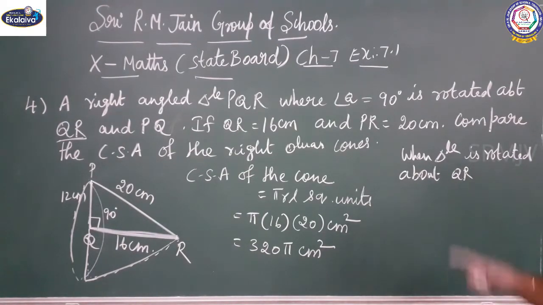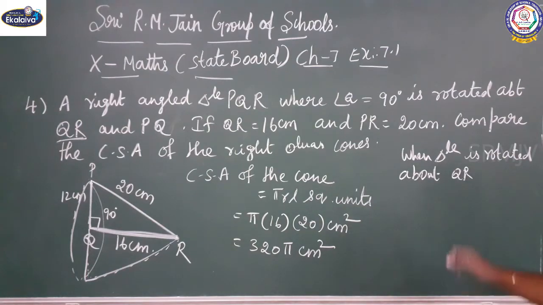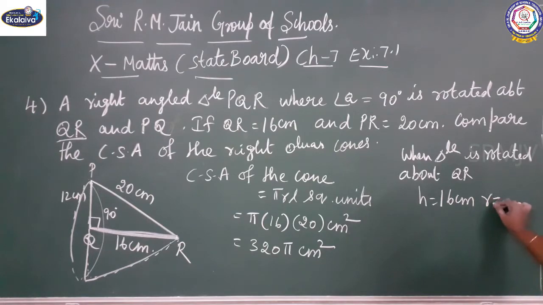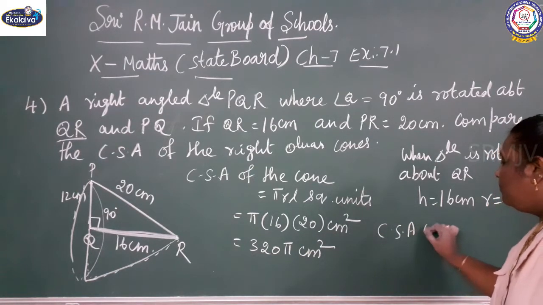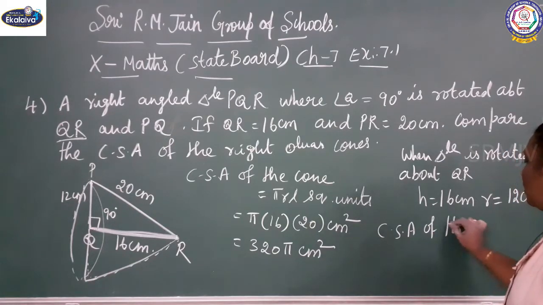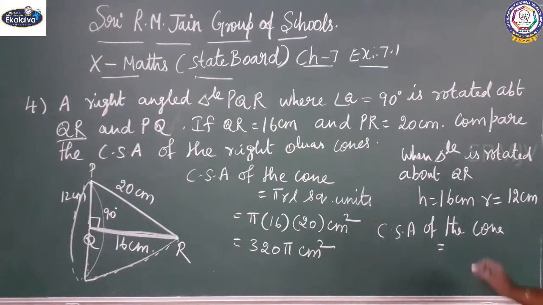See, height of the cone. What is the height of the cone? Height equals 16 centimeters and radius equals 12 centimeters. Then curved surface area of the cone equals pi r L square units.